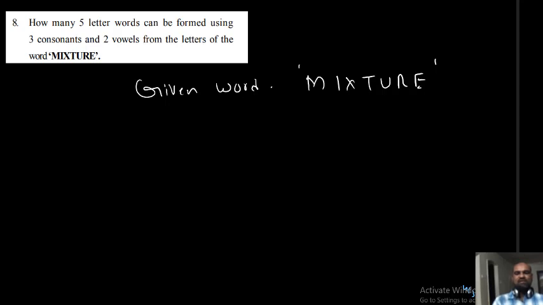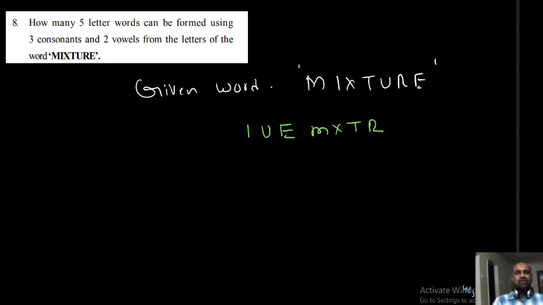I want to write consonants and vowels separately. I, U, E vowels; M, X, T, R consonants. Count: 3 vowels, 4 consonants, 7 letters.